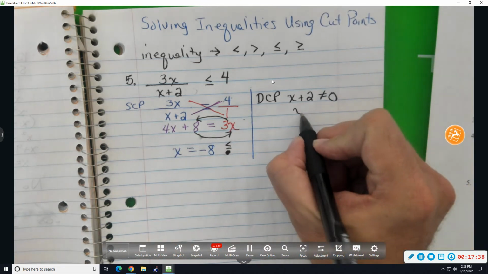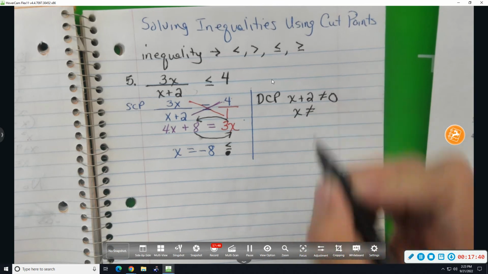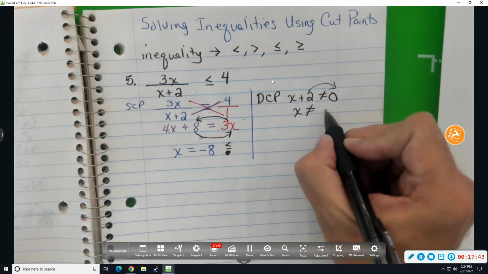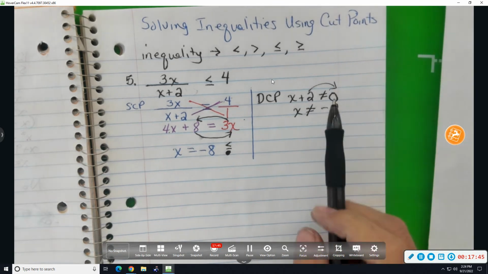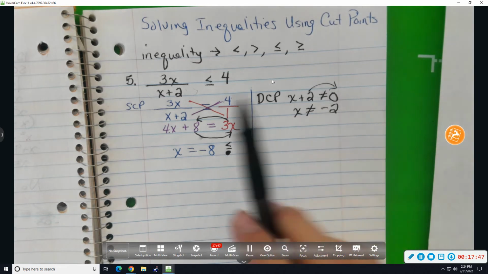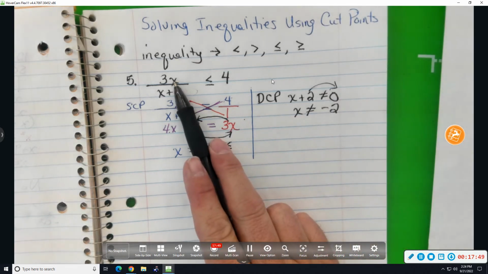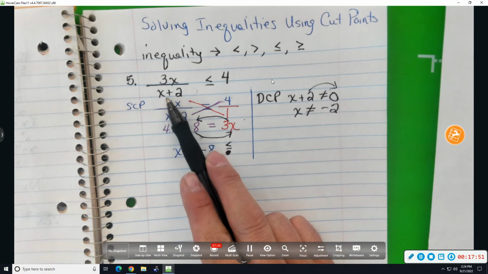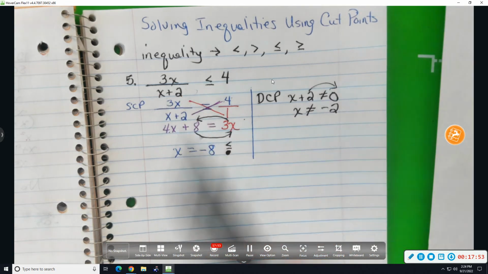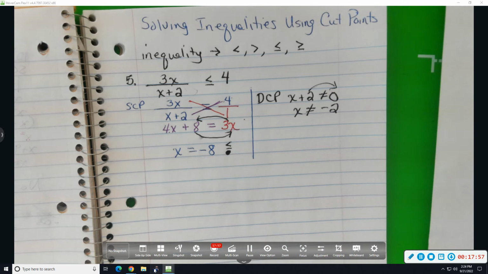X can't be what? Negative 2. If x were negative 2, we would have a negative 6 on the top and negative 2 plus 2, a 0, on the bottom. You can never have a 0 in the bottom of a fraction.